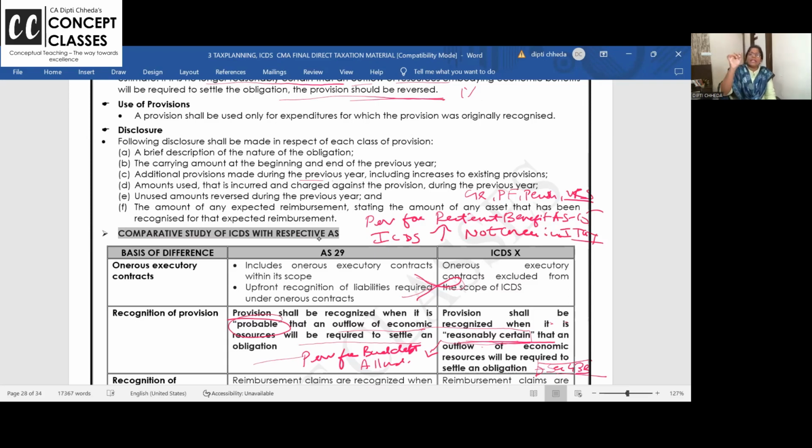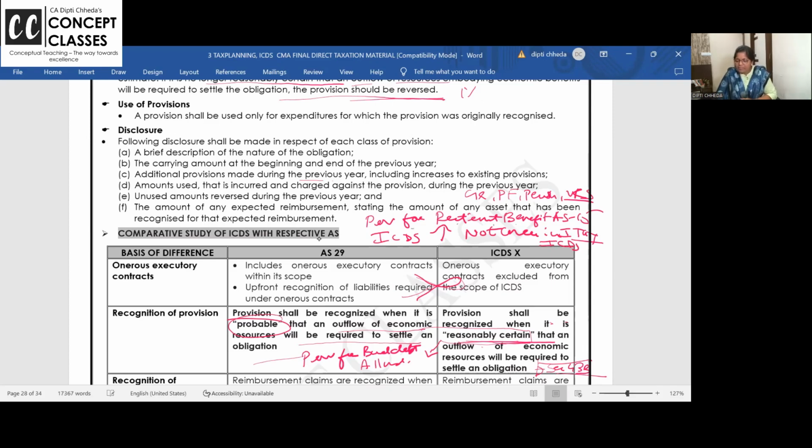Income tax, P&L account debit side, if you write provision for VRS, not allowed. When you pay VRS, 1/5 is allowed. So provisions for retirement benefit are not covered by ICDS, not covered in income tax or ICDS. Shall I dictate if my writing is not clear?